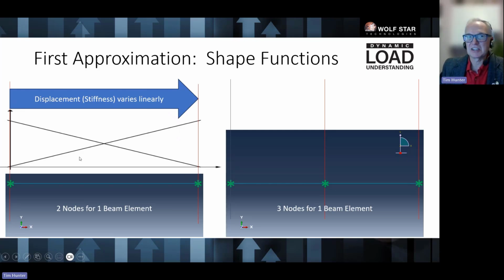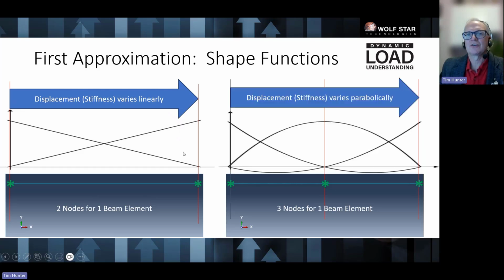Typically there's a linear shape function, or there are parabolic shape functions where the displacement can vary parabolically from one point to the next. For a linear shape function, you usually have two nodes on an edge, and for a parabolic shape function, you're going to have three nodes on an edge. That's just typical FEA 101.